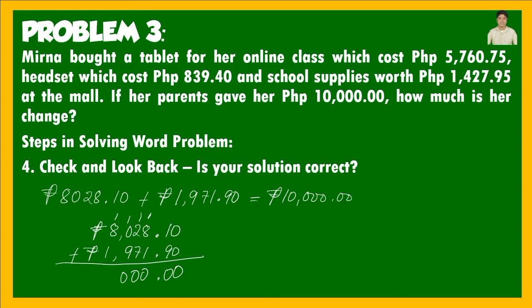So, 1 plus 8, we have 9 plus 1, 10. So, you can see, ang nakuha po nating sagot is 10,000 pesos. Kamukha po nung ating pera at first, yung 10,000 pesos. So, tama po na ang sagot po nating nakuha is 1,971 pesos and 90 centavos.